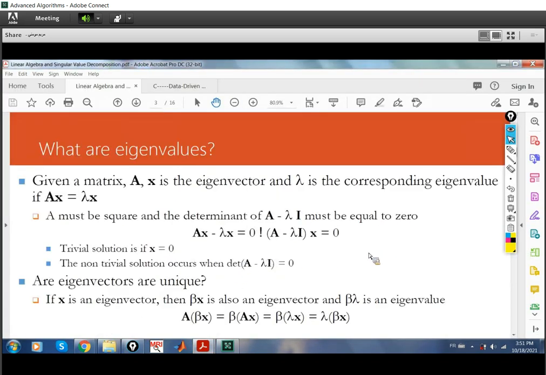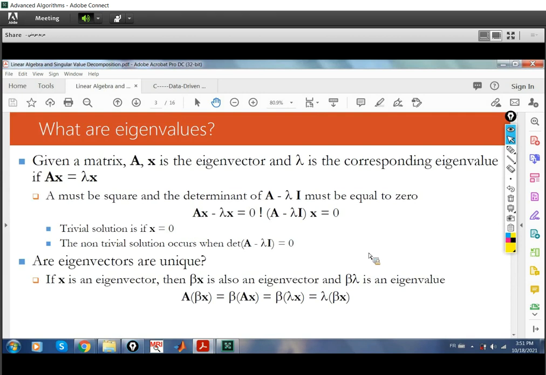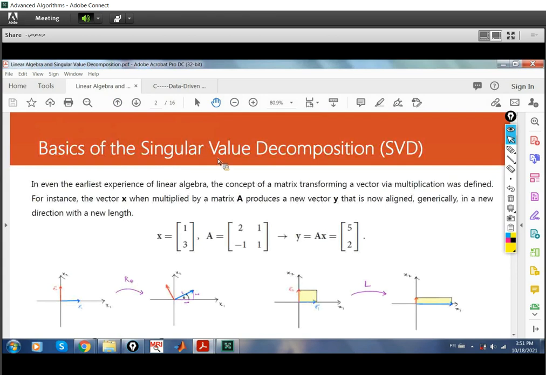The main topic is SVD, I mean singular value decomposition. Singular value decomposition, I call it SVD. We shorten this phrase to SVD.